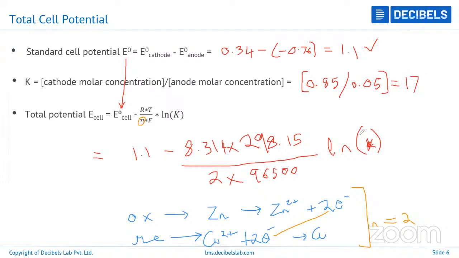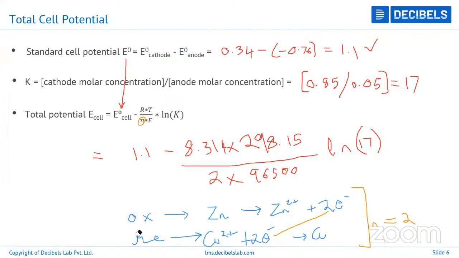Right. So now we have all of the parameters at hand. So now it's going to be ln of 17. Okay, so it's not log, it is ln, natural log. So in your calculators, you might see an option of ln. So please use that.